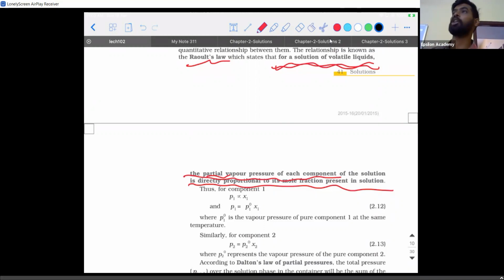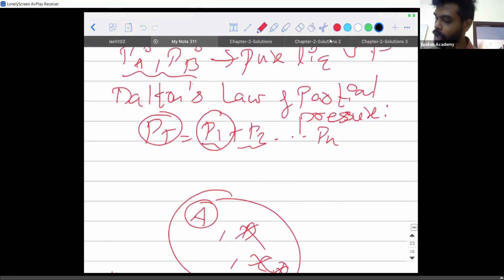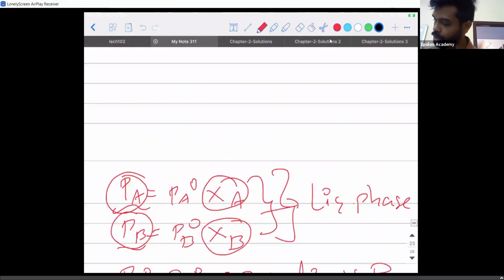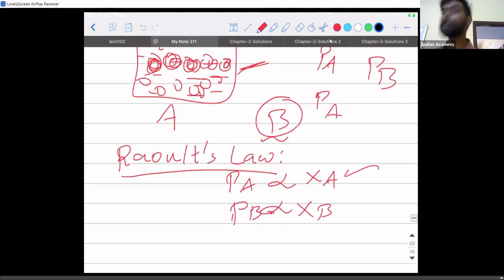That's exactly what the law is saying. The amount you're talking about is basically the mole fraction. So PA is directly proportional to XA. PA is the partial vapor pressure of A, directly proportional to XA, the mole fraction of A in liquid phase. Very, very important, in liquid phase.